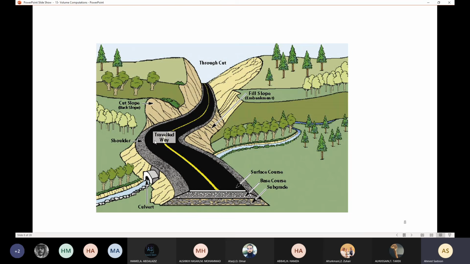While from here to here, we need to fill on both sides. So here we have cut, then we have a transition point. On the other hand, on one side we have a cut, and on the other side we have fill, while in this part we have only fill.